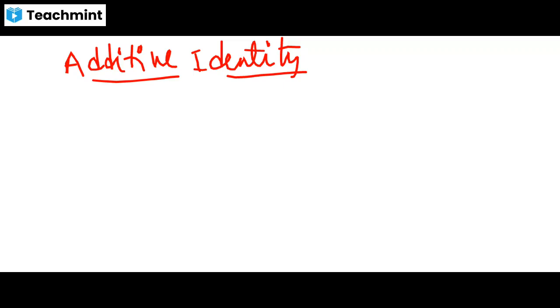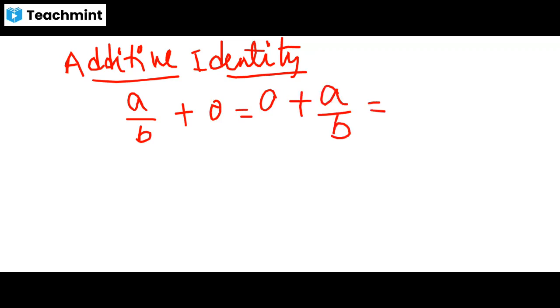Suppose you take a by b, if you add 0 to that, you get the same rational number a by b. There is no change in the value of that rational number. 0 will not change any value of that rational number. So we say 0 is the additive identity of rational numbers.